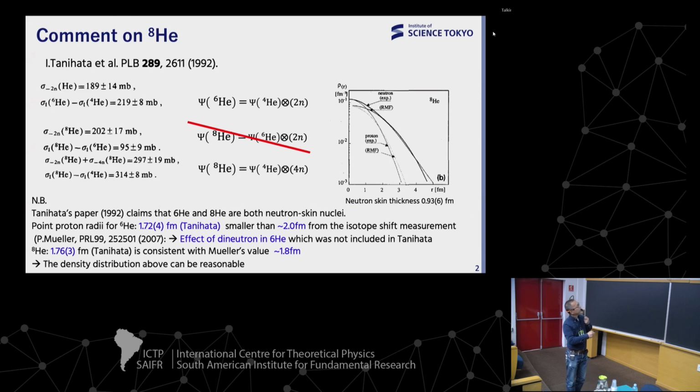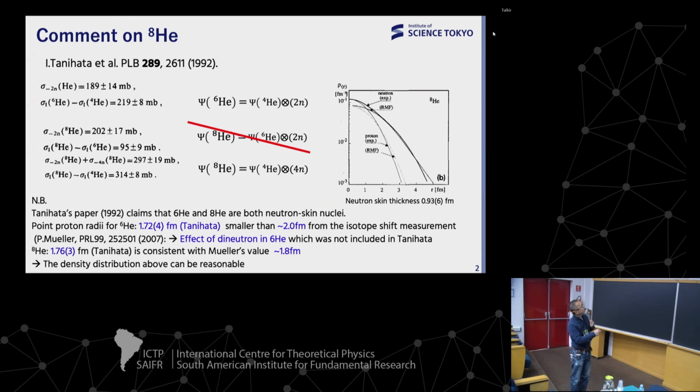But for helium-8, interestingly, the 2 neutron removal cross-section is not at all equal to the difference between the interaction cross-sections of helium-8 and helium-6. This means that helium-8 is not described by helium-6 coupled to 2 neutrons.